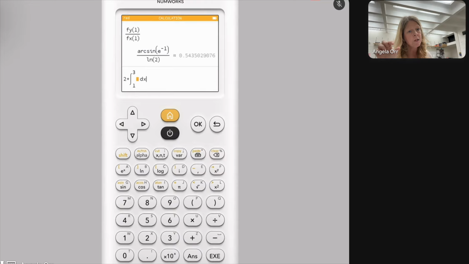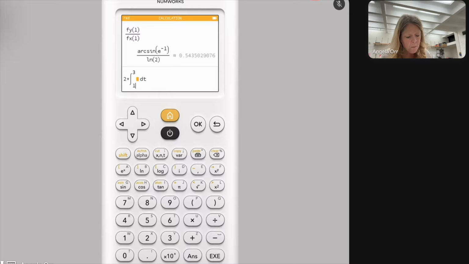Then I'm going to go over to my little differential here, and I want to change the variable for my differential. I want to do this with respect to time. So I'm going to delete the x and hit the x, n, t button 1, 2 times, and that will grab the t variable. If I hit it another time, it would grab my theta value.